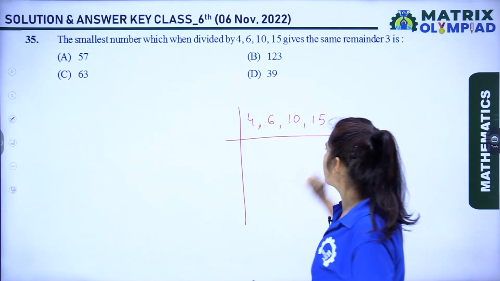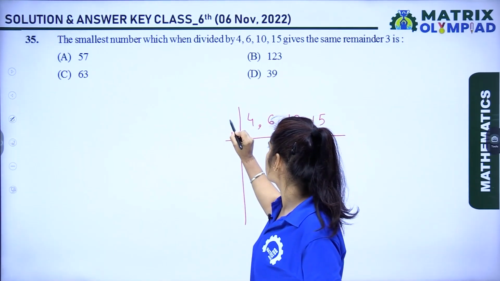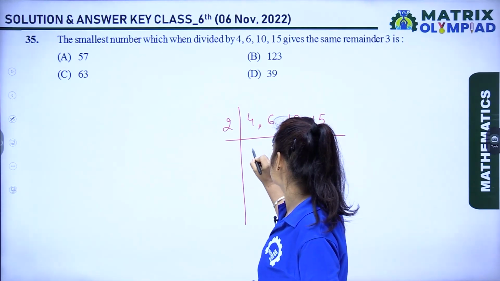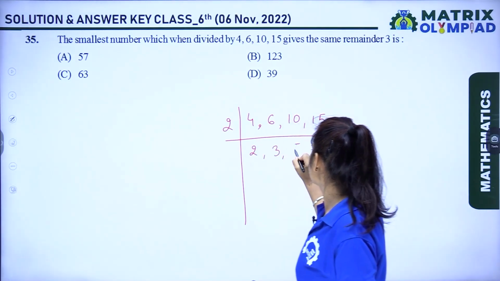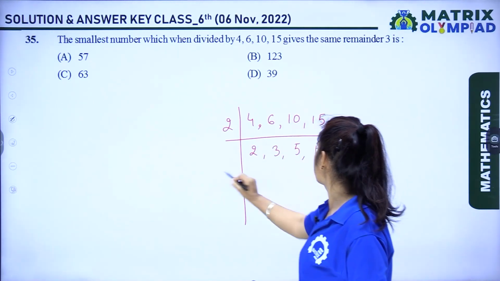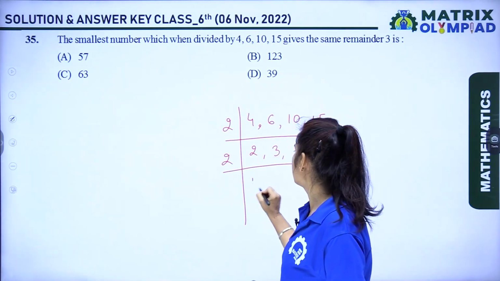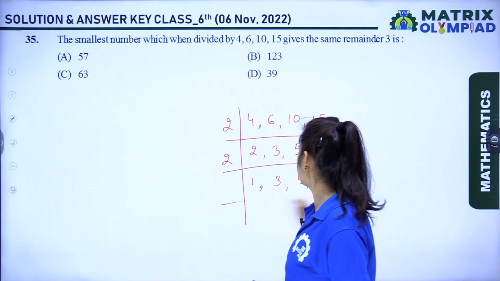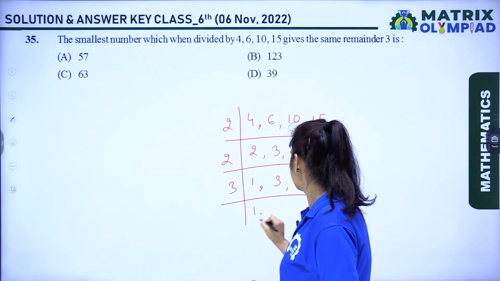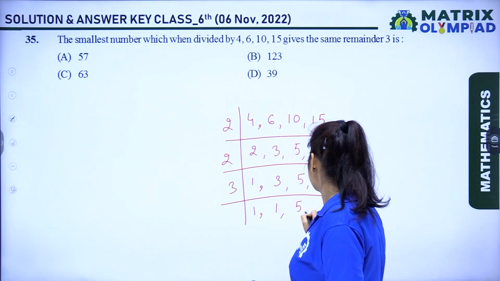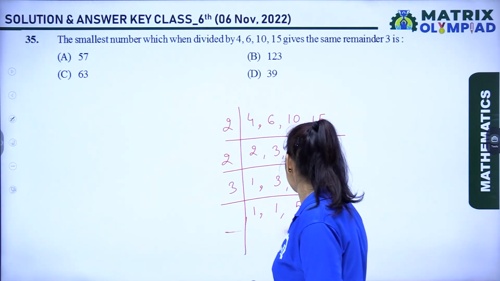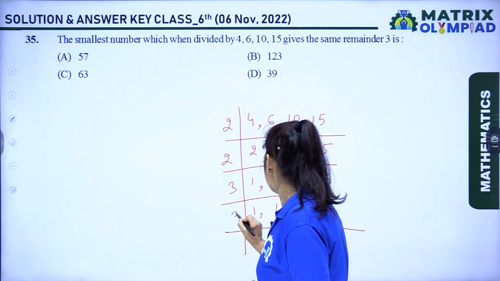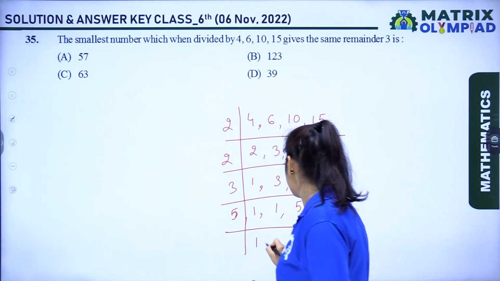Let's find out the LCM with the help of the long division method. 2, 3, 5, 15. Again we take 1, 3, 5, 15. Now by 3, 1, 3, 5 and this is now by 5, 1.